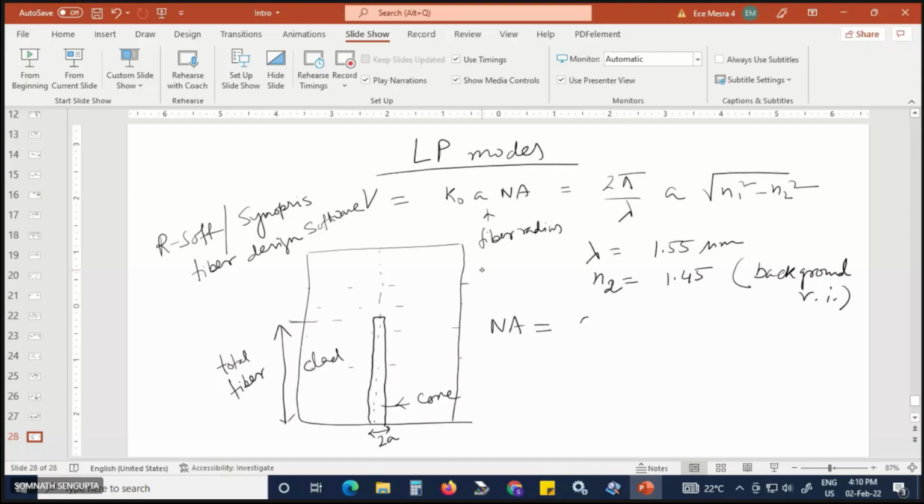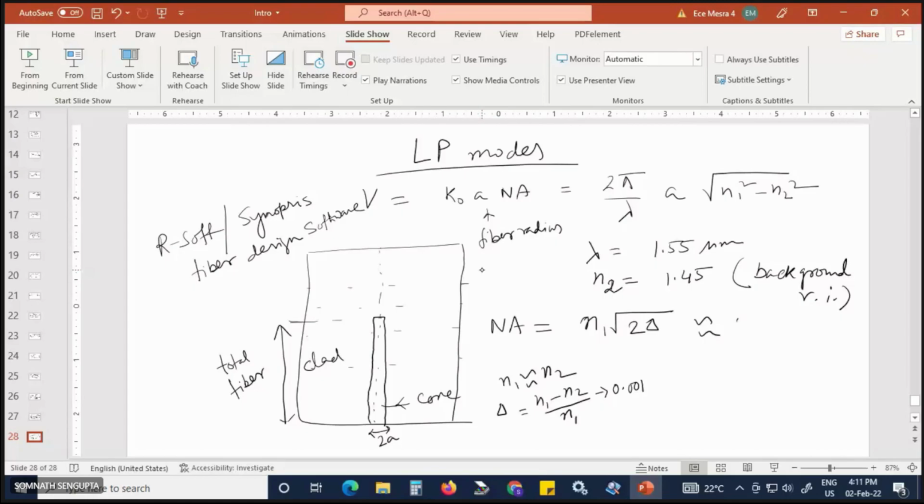So generally numerical aperture can also be written as n1 into root over 2 delta. Or if it is a single mode, you know that for single mode fiber n1 is approximately equal to n2. बहुत कम difference है. This delta, the relative index difference, n1 minus n2 by n1, tends to 0, very small, near about 0.001.